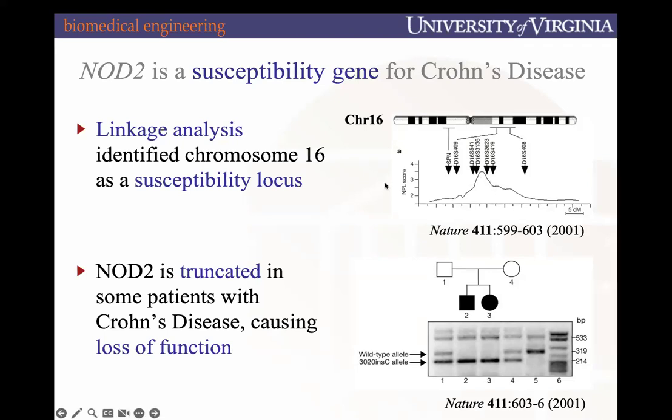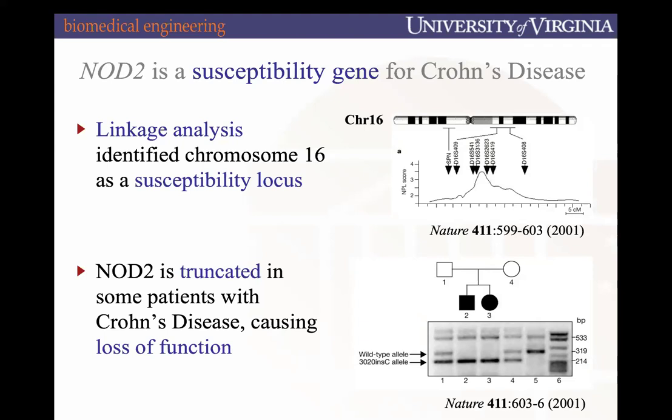Those regions of chromosome 16, this locus here, had the highest susceptibility to Crohn's disease. What's interesting is that you can imagine, perhaps, based on the title of this slide, what gene is at that locus. And it's NOD2.